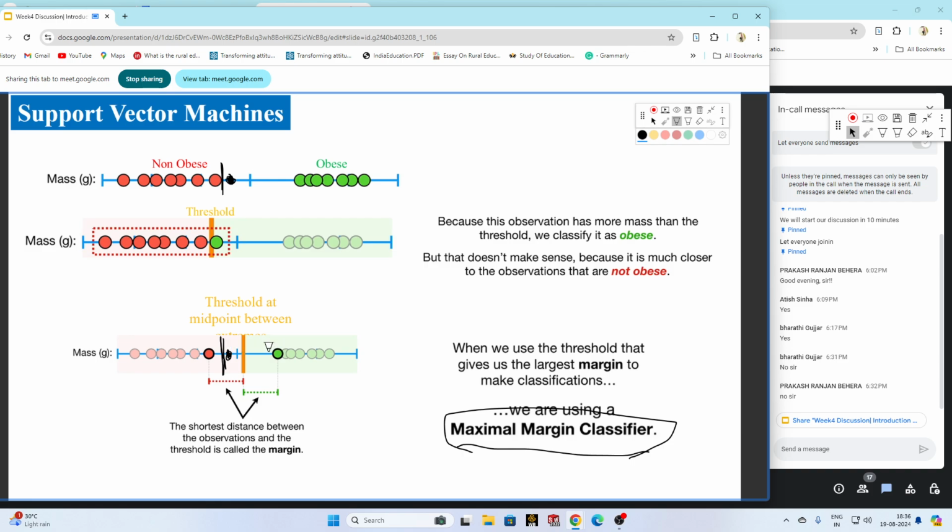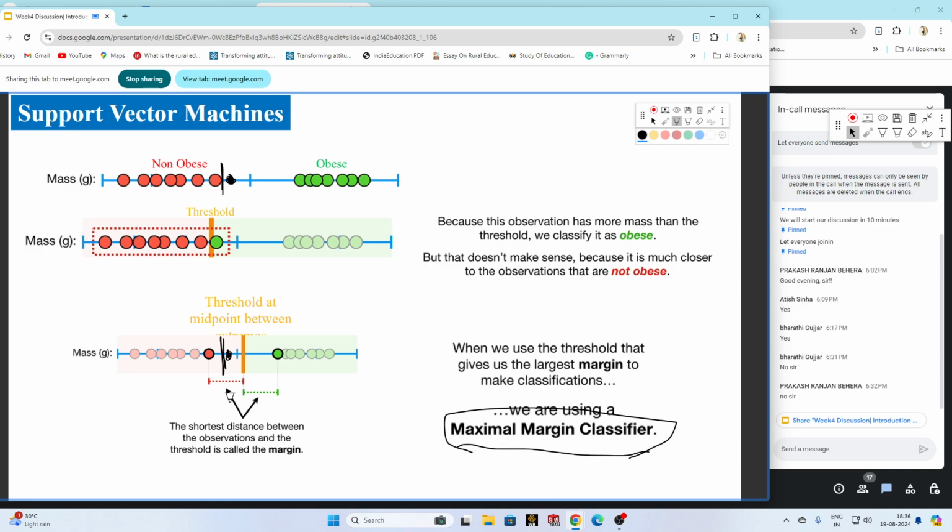That is the problem. The shortest distance from both classes can be balanced only when our threshold is exactly in between the two extreme points. This type of classifier we call a maximal margin classifier.